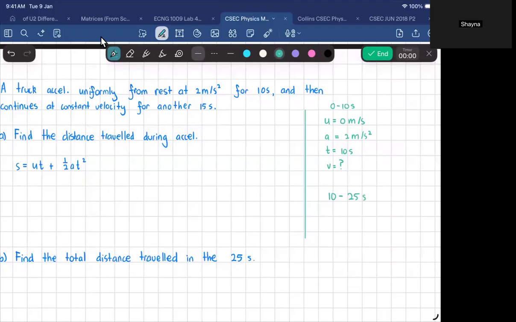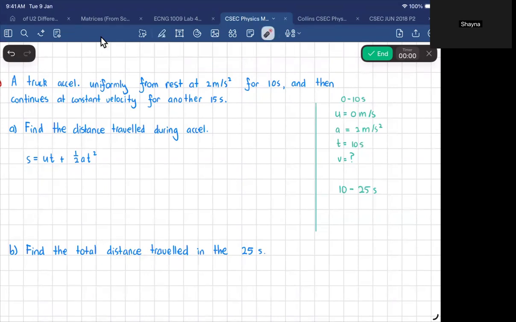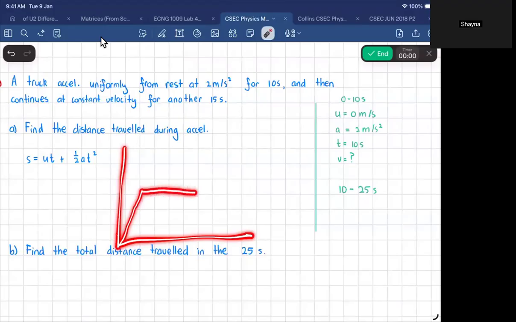All right. They're saying it continues at constant velocity for another 15 seconds. So you understand that the truck would have accelerated, so the graph would look a little something like this. Accelerating, accelerating, stop.